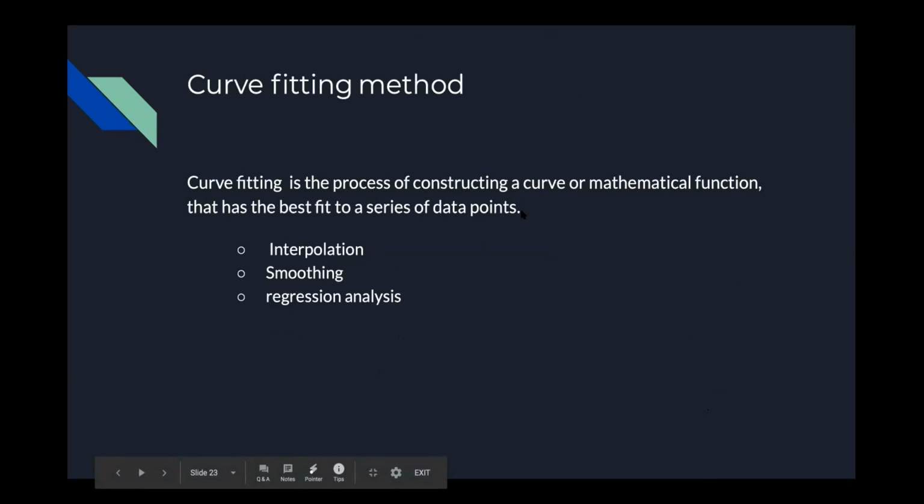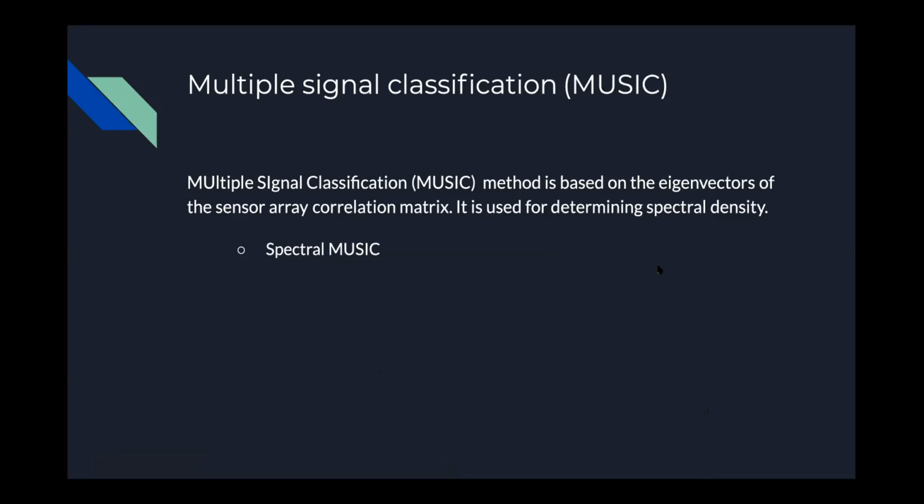We all know about this. It is just representing a given function in the form of other functions, like a sum of exponentials or a sum of sines, so that we can analyze it more easily. And multiple signal classification, we also refer to it as MUSIC.